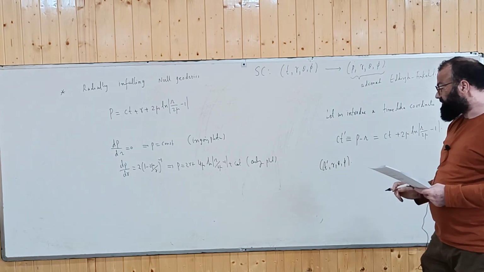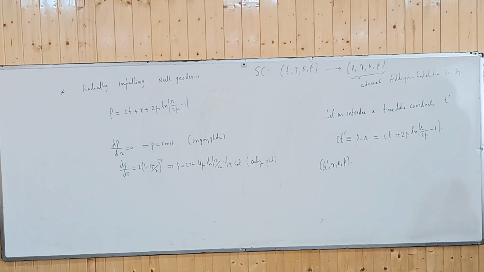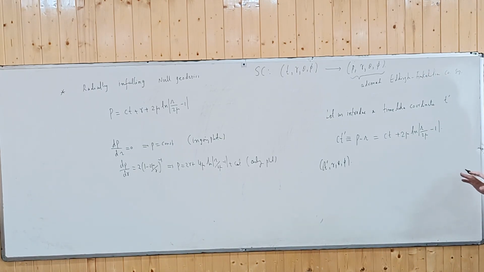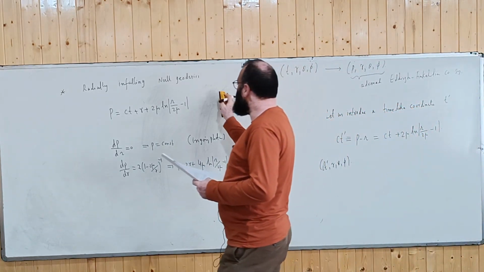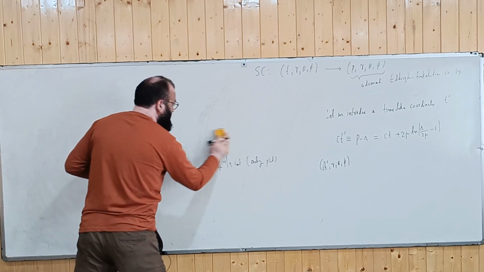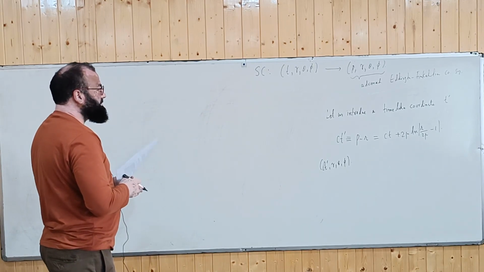Now let's look at the metric in this very coordinate system. Samajh? So what was the metric in the previous coordinate system, in this p, r, theta, phi? What was the line element? Yesterday we have done it, so I'm just repeating.